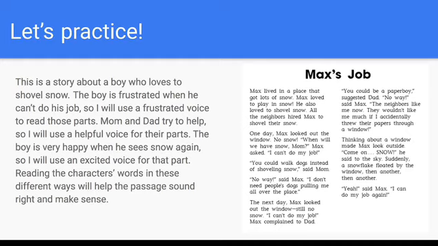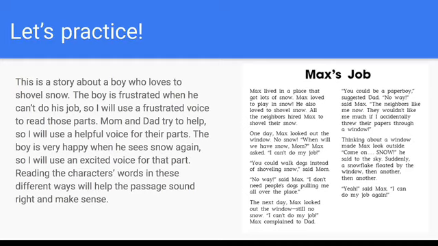The next day, Max looked out the window. Still no snow. I can't do my job, Max complained to Dad. You could be a paper boy, suggested Dad. No way, said Max. The neighbors like me now. They wouldn't like me much if I accidentally threw their papers through the window.